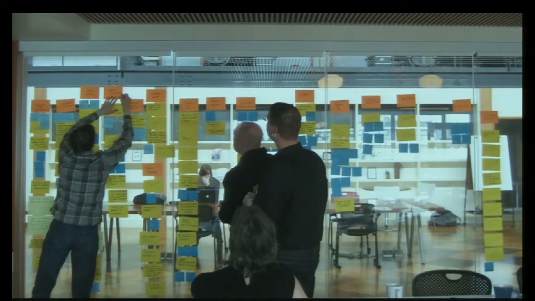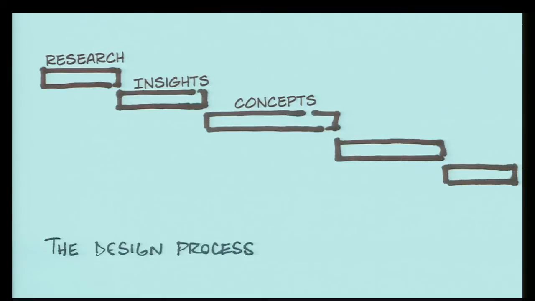And so with HunchWorks, we got together near the beginning of this project, and we made huge messes with sticky notes and everything to try to prioritize what the most important things for us to focus on with this project were. And so after we do this research synthesis and figure out what our insights are, we move on into concepting.